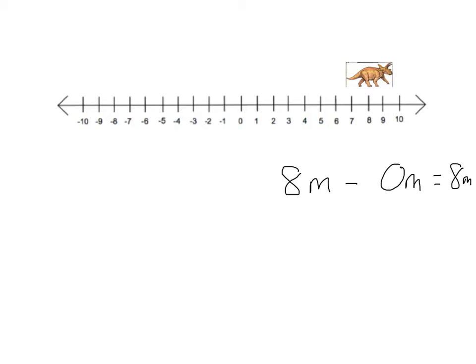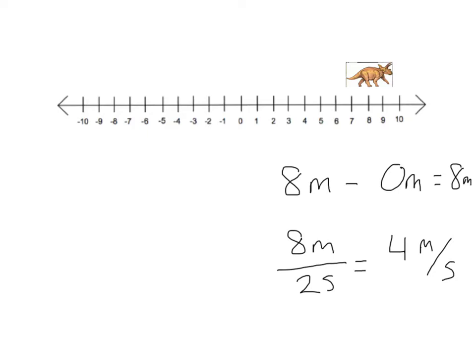If he were to perform this displacement in 2 seconds, that would mean that his displacement of 8 meters took place in 2 seconds, which means that his actual average velocity during those 2 seconds would be 4 meters per second. Meters per second is a very typical unit for a velocity. Notice that the Triceratops had a positive velocity and was heading in the positive direction during his trip.